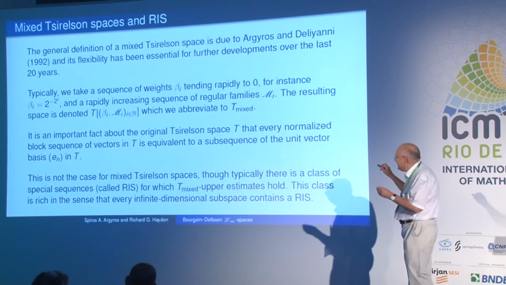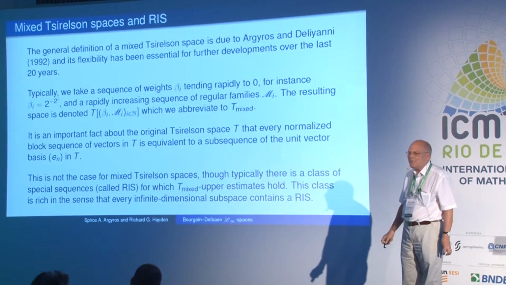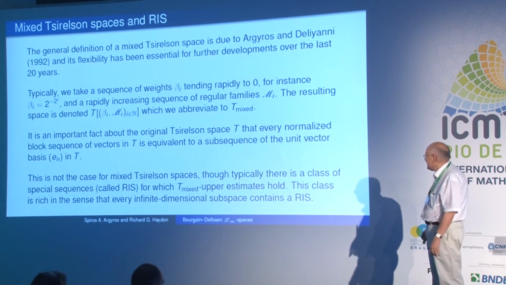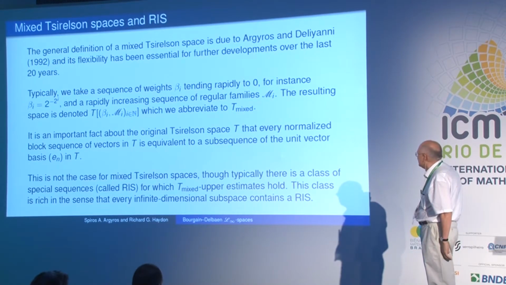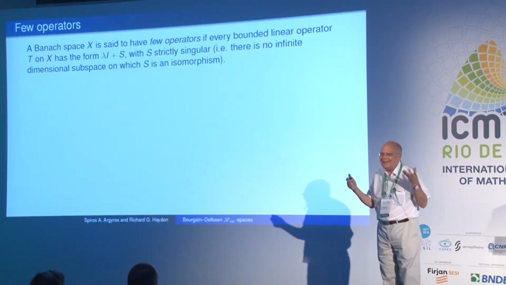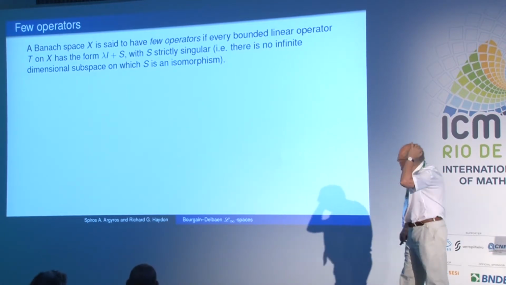However, there were special sequences, always called RIS, which originally stood for rapidly increasing sequences, for which those upper estimates held. It's a rich class in the sense that every infinite dimensional subspace contains such a RIS. So how does that help construct interesting counterexamples?